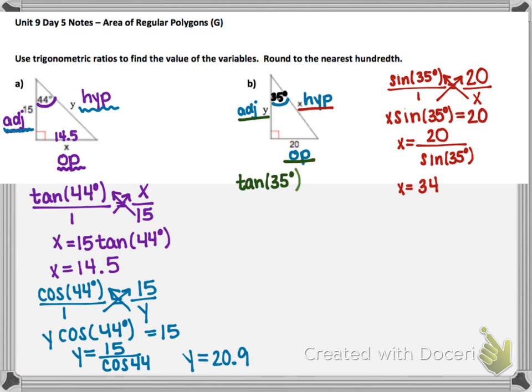So I have the tangent of 35 over 1 equals opposite over adjacent, so 20 over y. And then we'll cross multiply. So I'll take y times the tangent of 35 equals 1 times 20, which is 20.